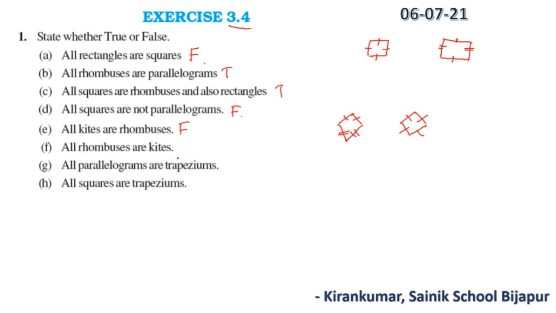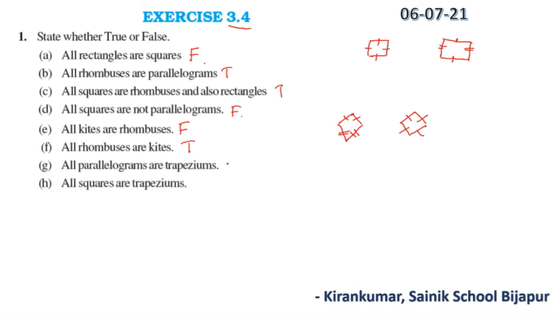All rhombuses are kites. This statement is a true statement because whatever the properties are in a kite, they all will hold true for a rhombus. All parallelograms are trapeziums.